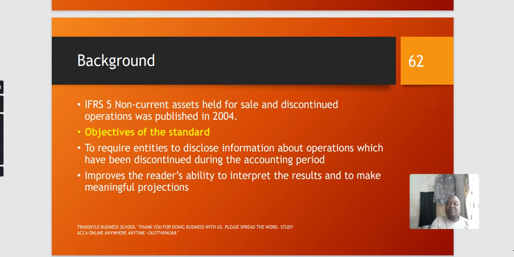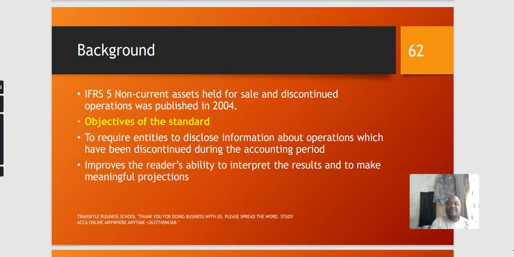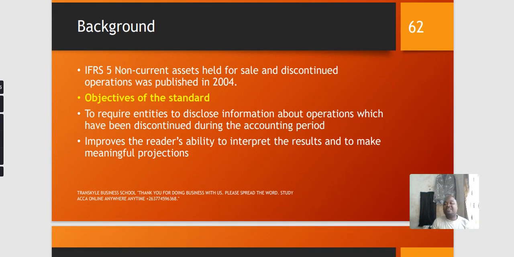Now, let's talk about the background of IFRS 5. IFRS 5, non-current assets held for sale and discontinued operations, was published in 2004. The objectives of the standard are to require entities to disclose information about operations which have been discontinued during the accounting period, and to improve the reader's ability to interpret the results and to make meaningful projections.